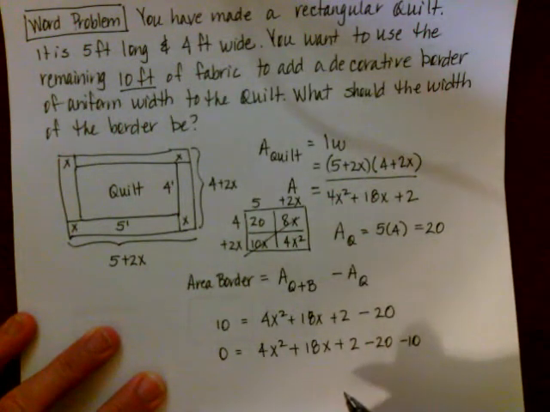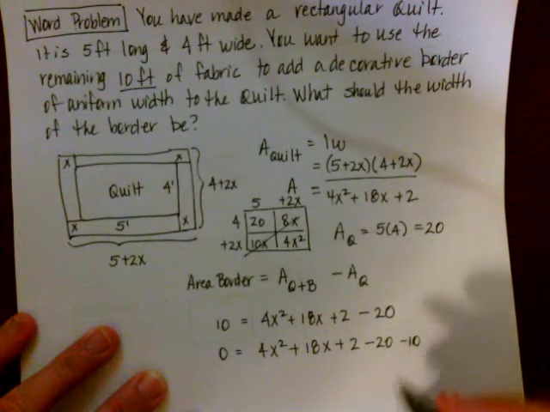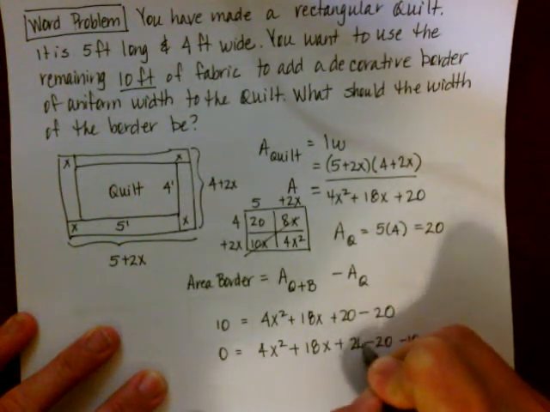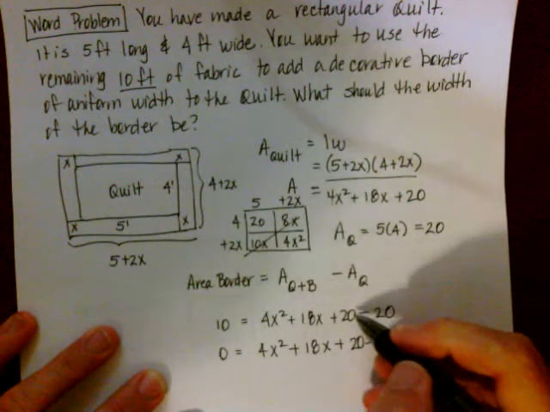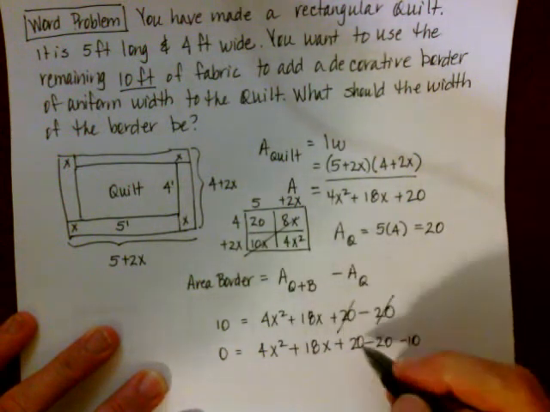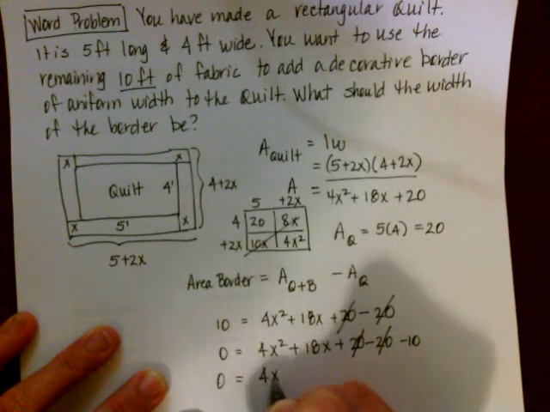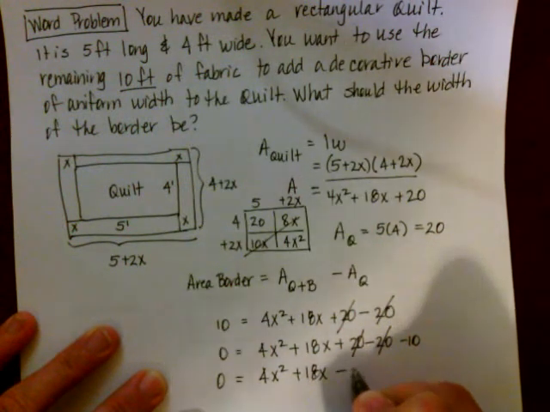So this equation simplifies to be, whoop, that's a 20, I'm sorry. Thinking, how come my numbers aren't working? Alright, so there's the 20, here's a 20. When I have the 20 and the 20, they cancel. So my equation turns out to be 4x squared plus 18x and then minus 10.